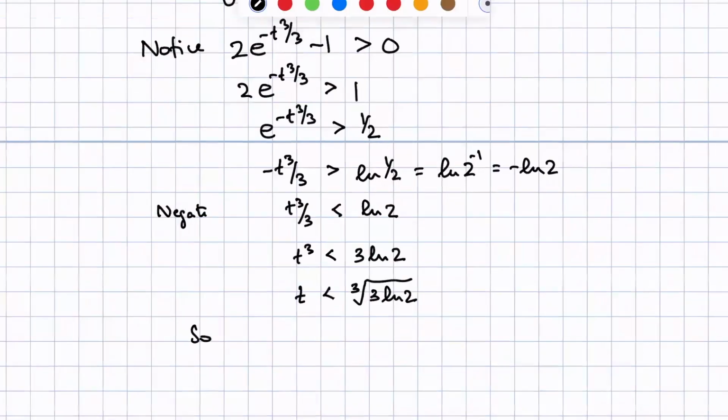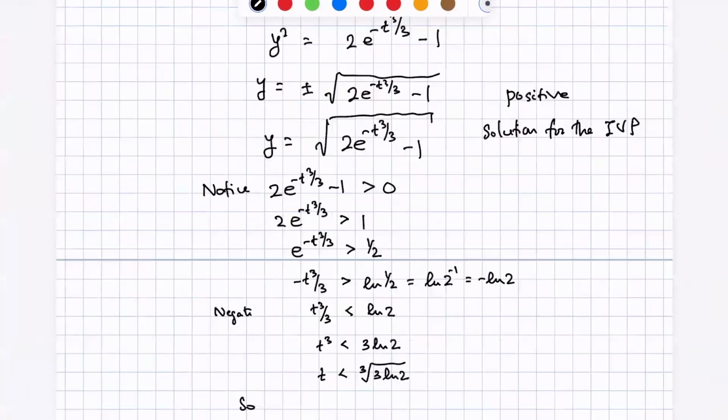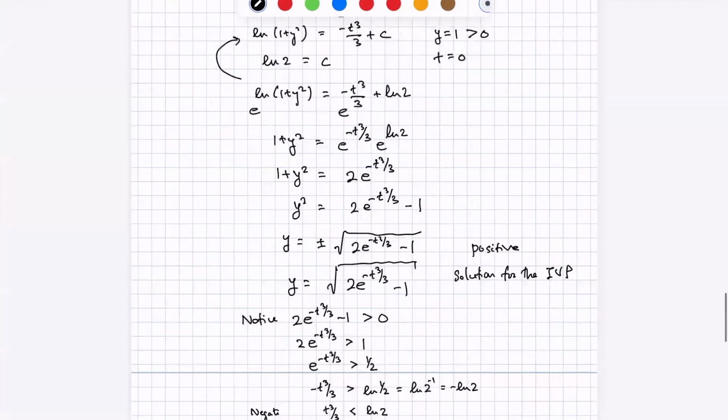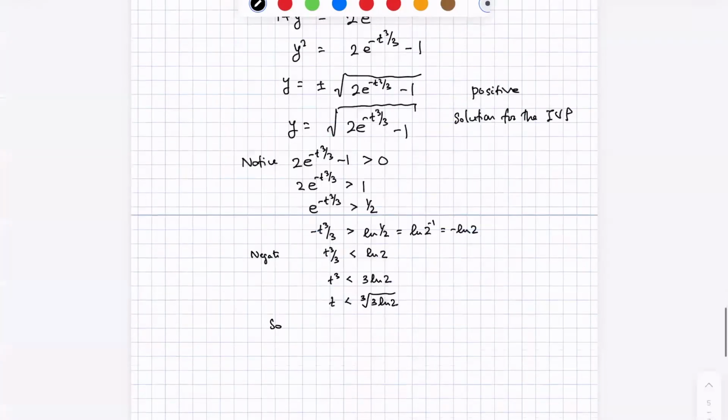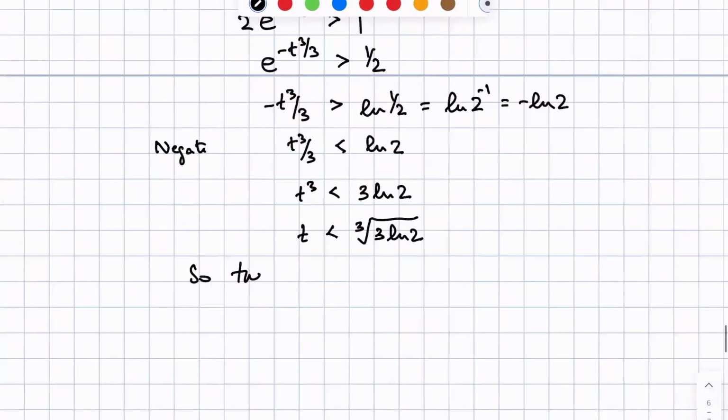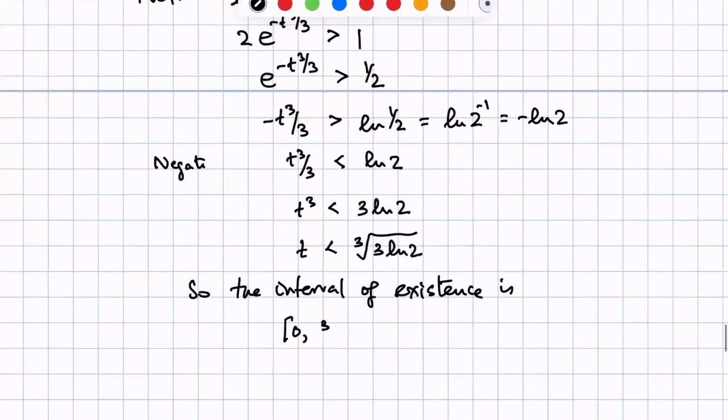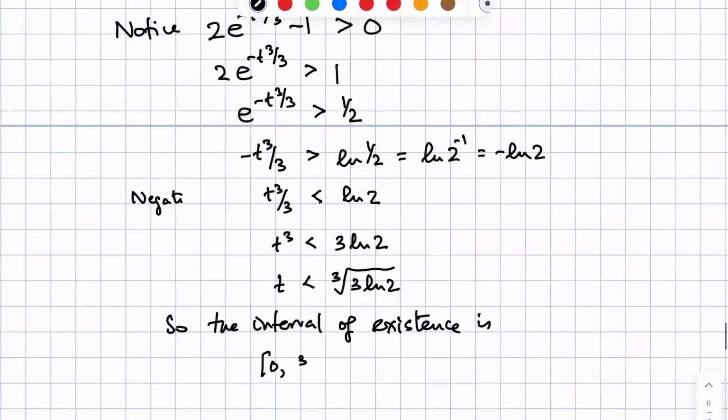So notice that t started out at t equals 0. So the interval of existence for this problem is 0 to the cube root of 3 log 2.